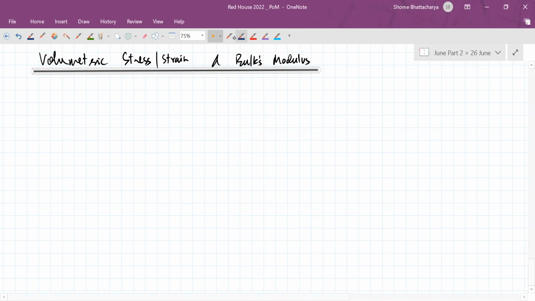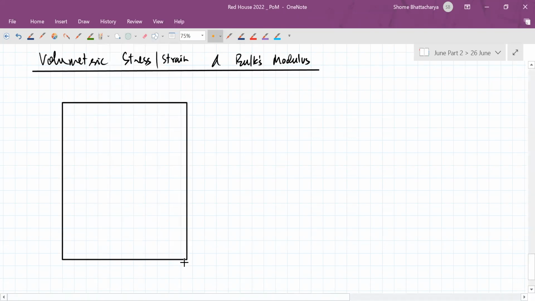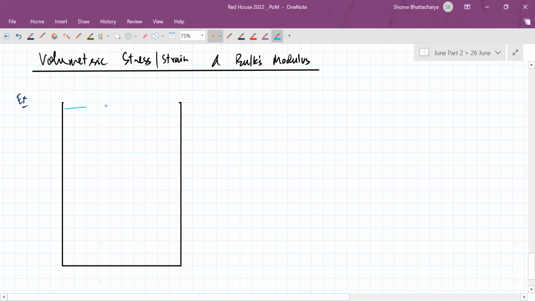Like you've heard of the term adiabatic bulk modulus or isothermal bulk modulus. You'll understand how to calculate those things and how they work. But before that, as I said, let's look at an example of application of this in the case of a solid material.